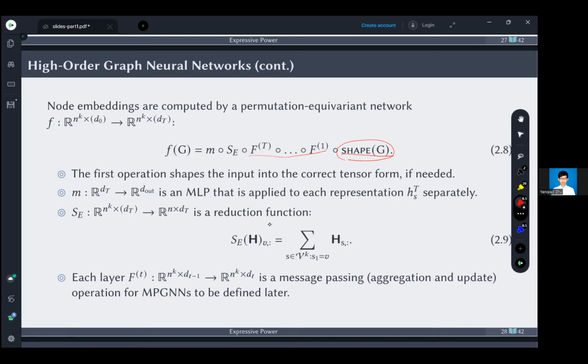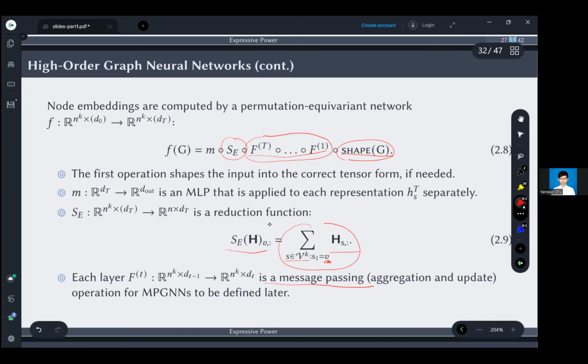equivariant network layers that do message passing, right? You have to respect the node orderings or the tuple orderings. And for that, you will have a reduction function, because in the previous steps you have tuple representations, and you have to compress the tuple representations into a node representation. So for every node V, you have this kind of S tuple that begins with V, and you take the sum of all the tensors here.